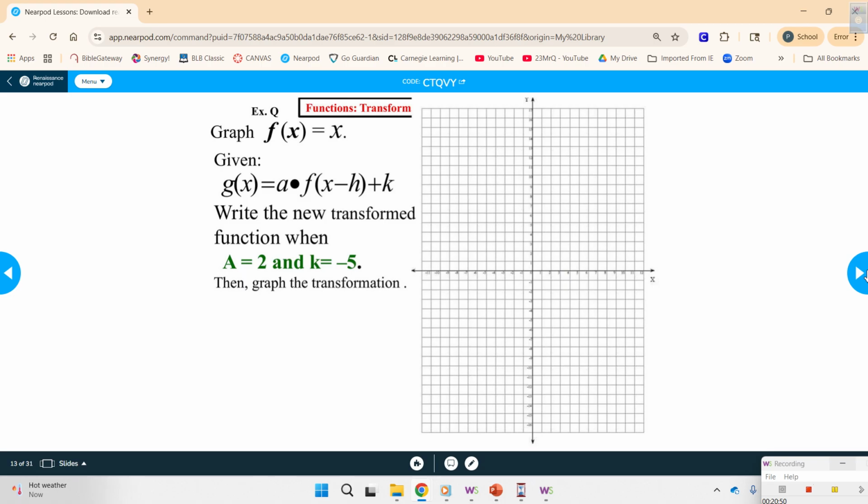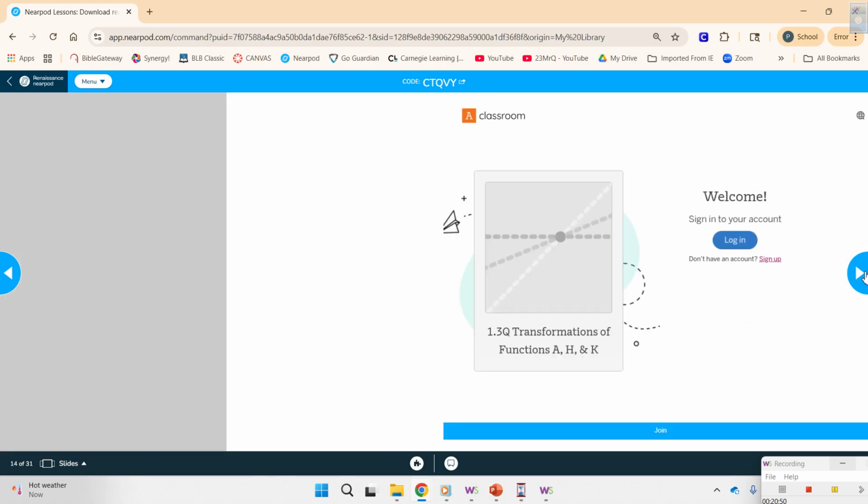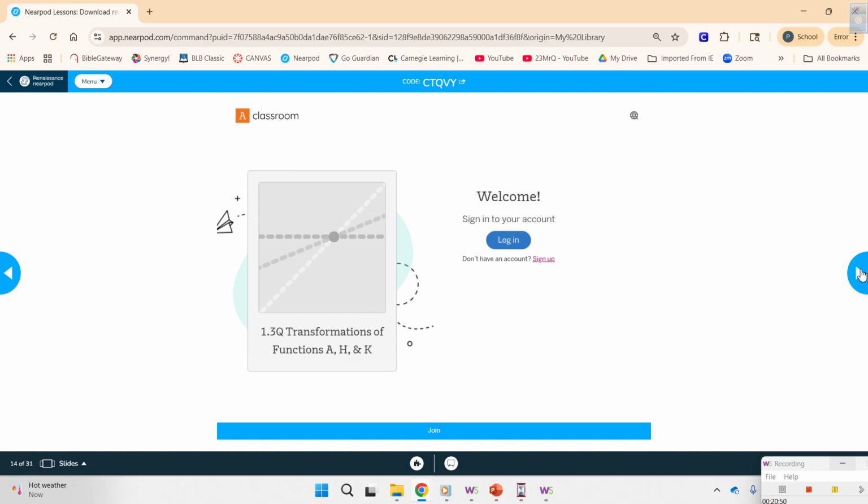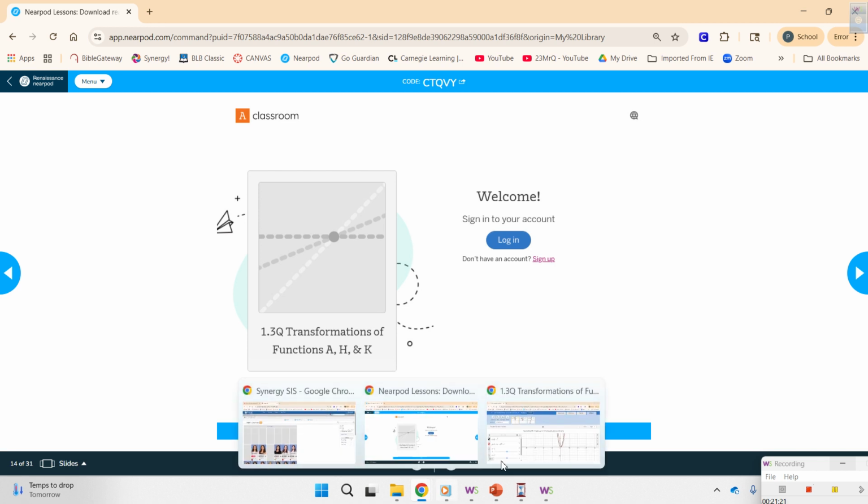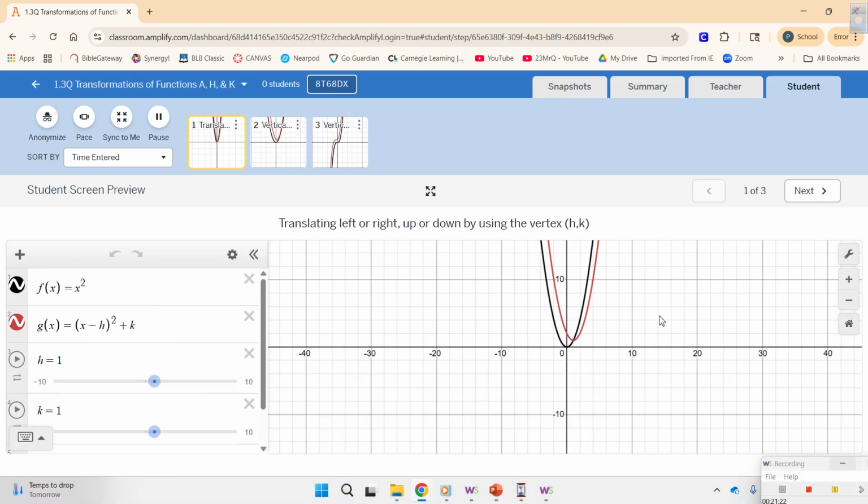However, I want us to do a quick activity. On your screen, log in, it's going to pop up and send you to Desmos. You should end up in this screen as soon as you log in.